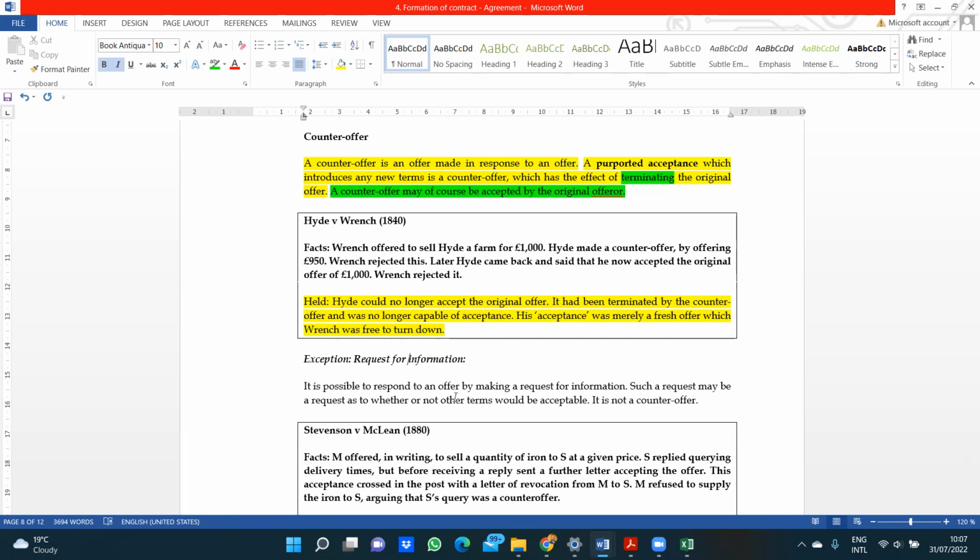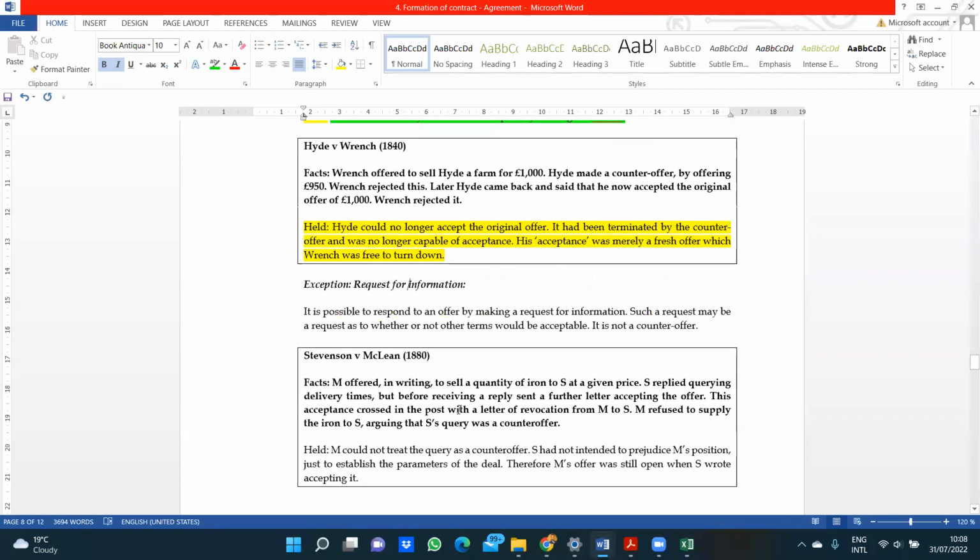Even if he then accepted the original offer, Rech was in a position to accept or reject it. Again, the counter offer terminated the original offer. Rech rejected the counter offer, and now Hyde wanted to go under the original contract, but Rech was in a position to accept or reject it because the original contract was already terminated when there was a counter offer.